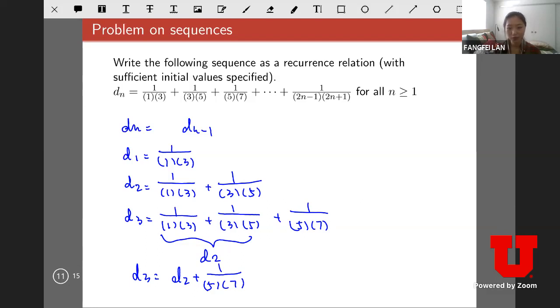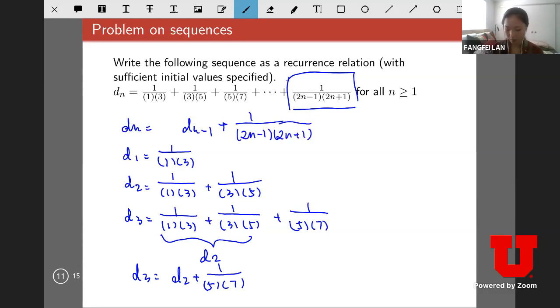It's actually written in a formula already. It's just this. So we get dn minus 1 plus 1 over 2n minus 1 times 2n plus 1. That is it.